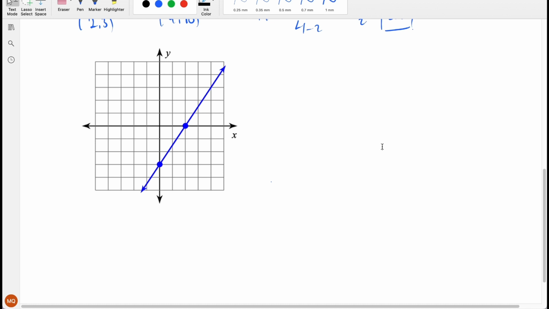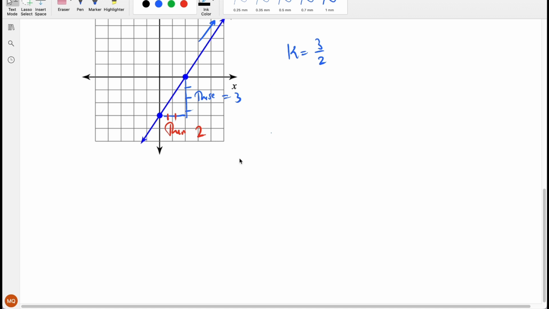Okay, for example, when it's given like this, you just have to create a right triangle like this. Here is rise. So it is 1, 2, 3, and here is run, it is 1 and 2. After that we can say slope is equal to rise 3 over run 2. Because it goes up, it is positive, so it is positive 3 over 2.